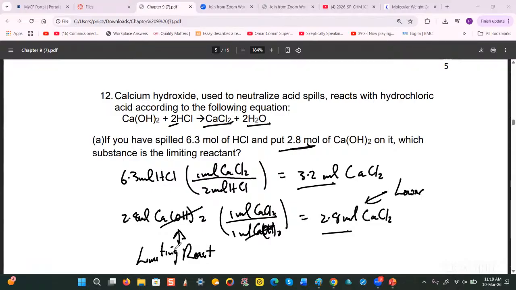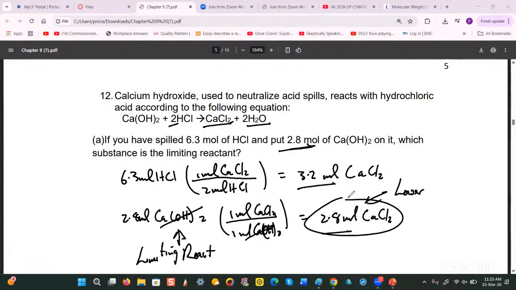You start off with each reactant, and based on the amounts, you calculate how much of a particular product you expect to get from each of them. The one that results in the lower amount of product is the limiting reactant. So when you do this reaction, you'd expect to get 2.8 moles of calcium chloride.